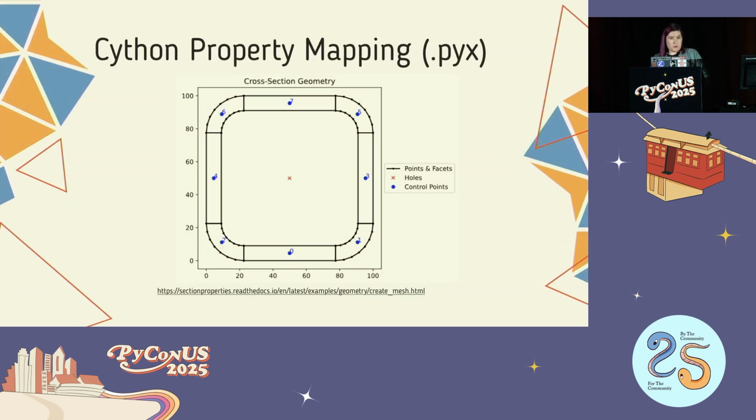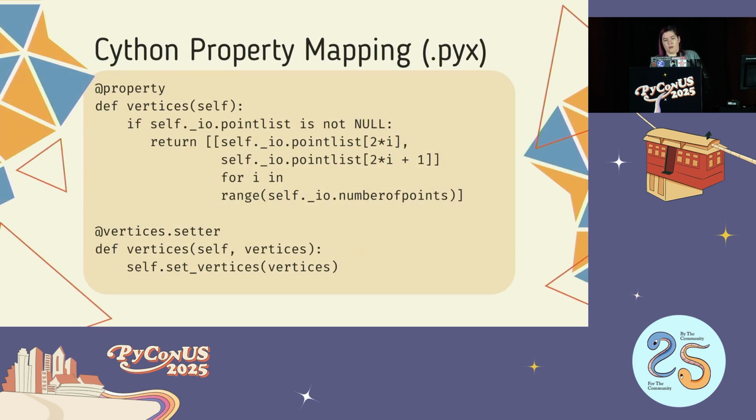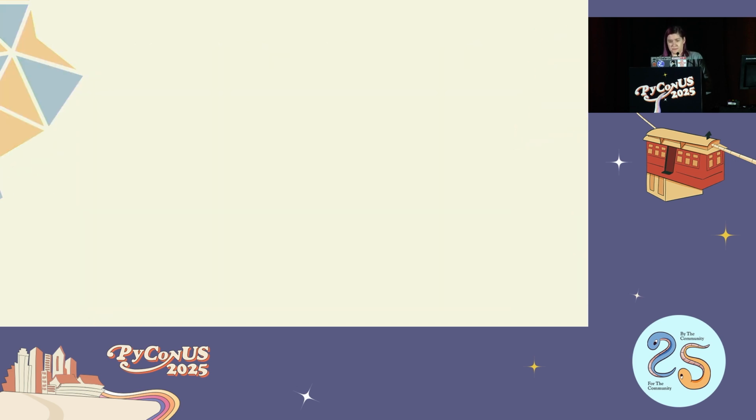In terms of the data structure for this problem, you have points, which have an x and a y coordinate, because this is only working in 2D. You have point labels that are mapped to a point list, and then the triangles are defined by 3 ordered points. In terms of using those properties, setters and getters, this is an example of a property that iterates over the C struct to populate a Python list once you're done with the analysis.